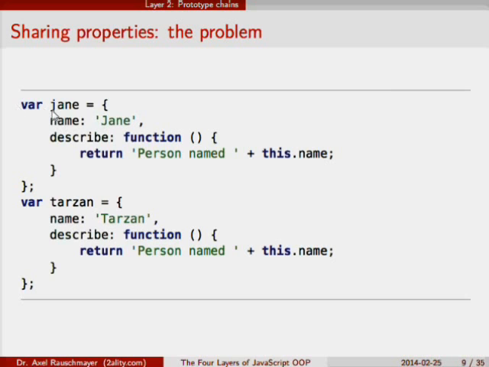You have two objects, one is Jane, the other one is Tarzan, and each of these objects has individual data that is specific to the instance, namely the property name. In the object Jane, it's Jane. In the object Tarzan, it's Tarzan. But on the other hand, they both have the same method describe, and that is redundant. We'd like to share this between those two objects.